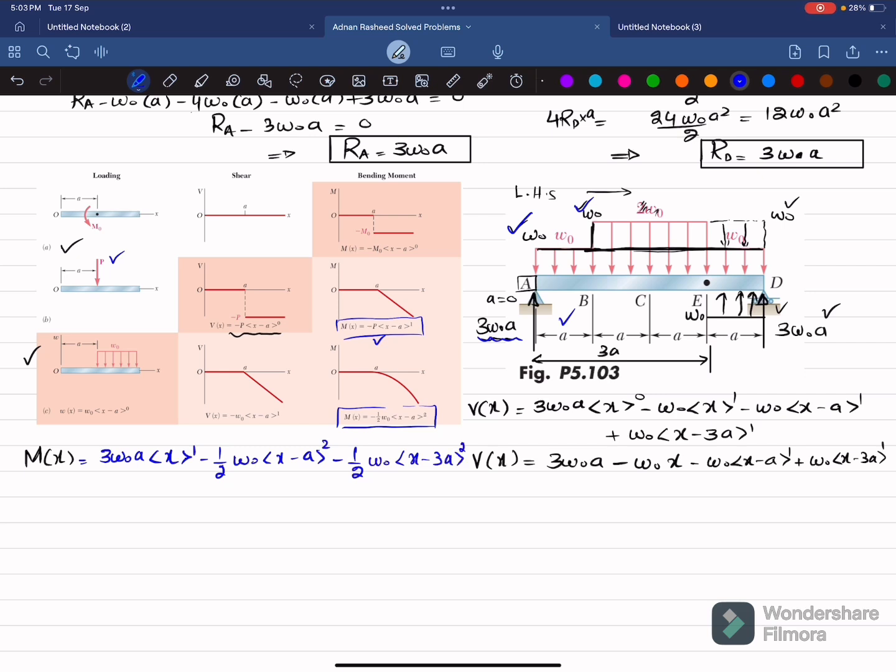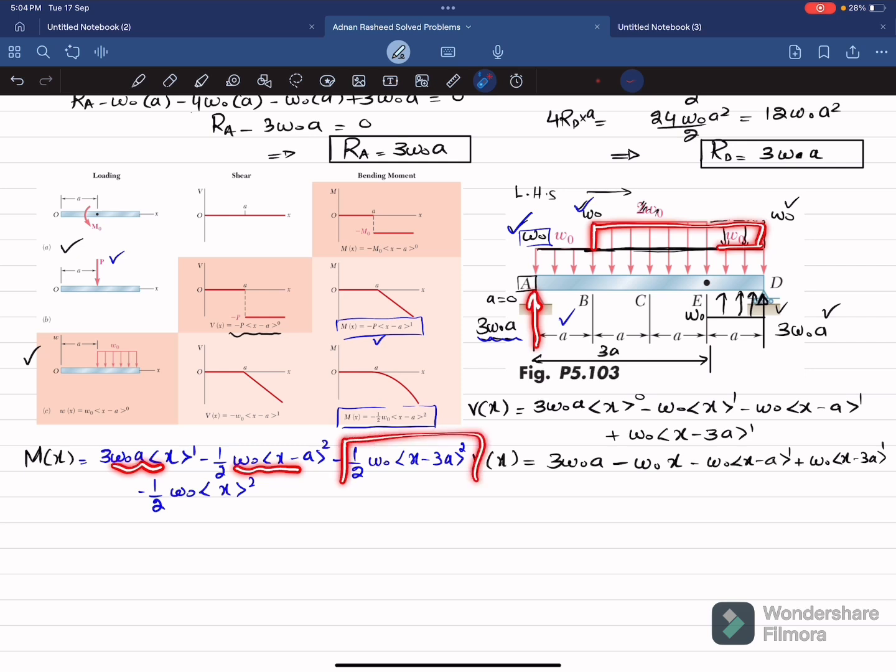We have left this one because for a here it is equal to 0. So minus 1 over 2 W naught into x square. Let me explain. The first term is for this. Clear? This term is for this portion, and this term is for this portion, and the fourth term is for this portion.